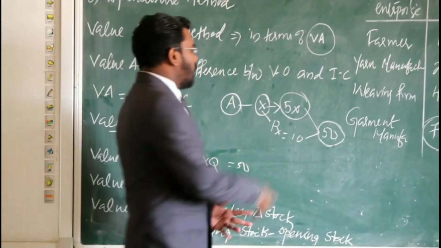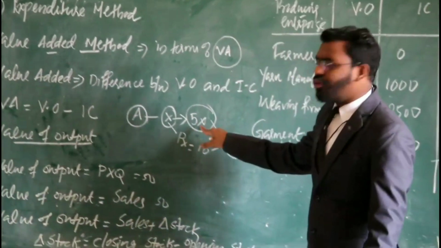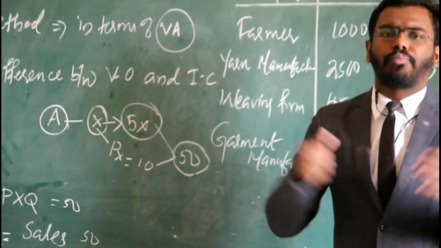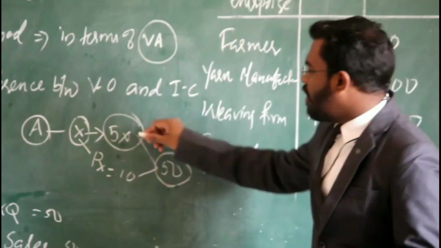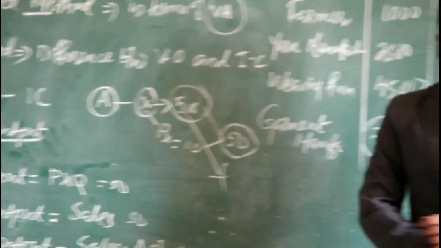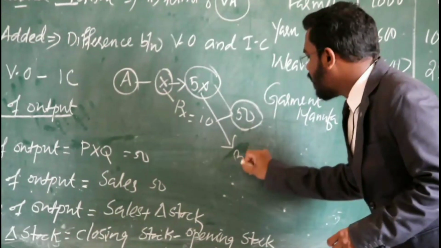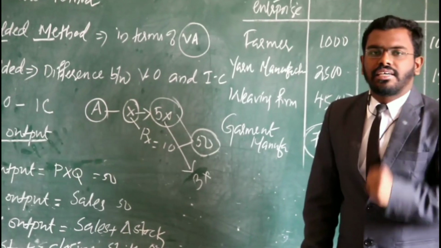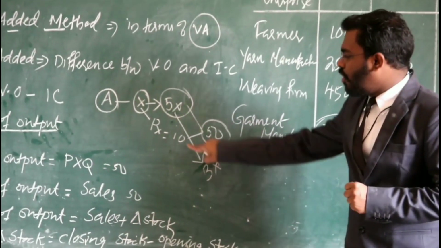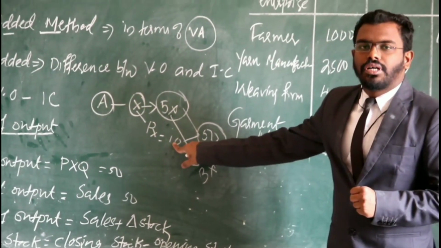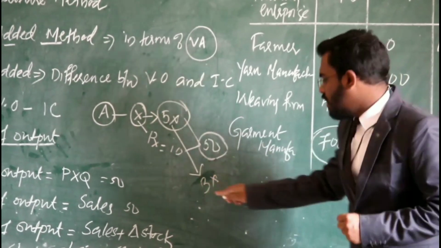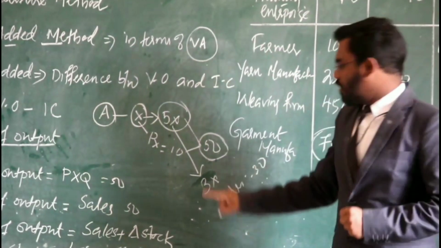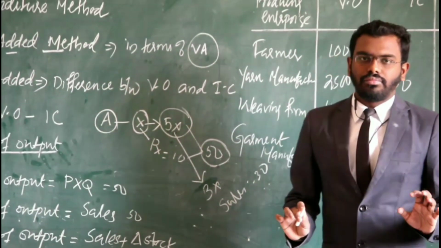Sometimes the producer produces 5 units of output but cannot sell all of them. For example, out of these 5 units, he sold only 3 units. So what is the value of sales here? 3 units, and the price of commodity X is 10, so sales is equal to 30, that is 3 into 10.